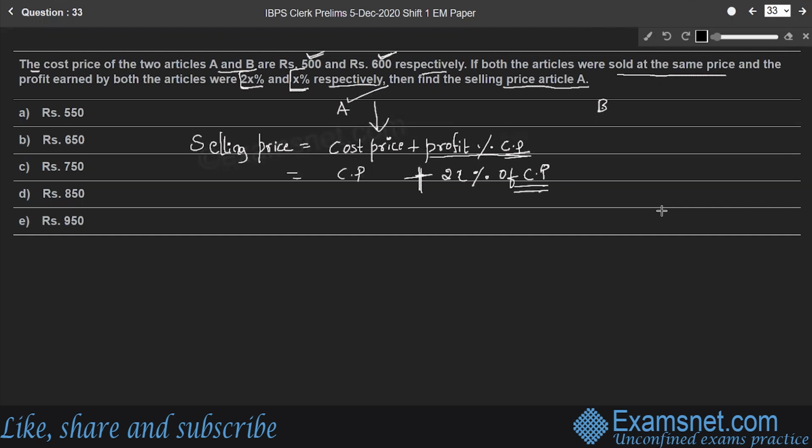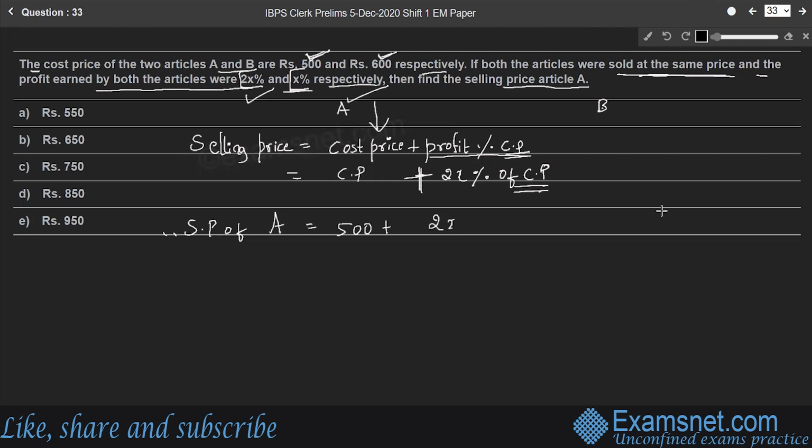so here cost price of article A is 500 rupees. Therefore, selling price of article A is equal to cost price, 500 rupees, plus profit percentage. Here in the question, they are sold at the same price and the profit earned by both the articles were 2x% and x%. Here 2x% is profit percentage of article A, right?